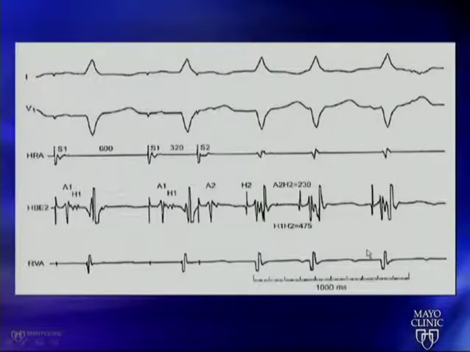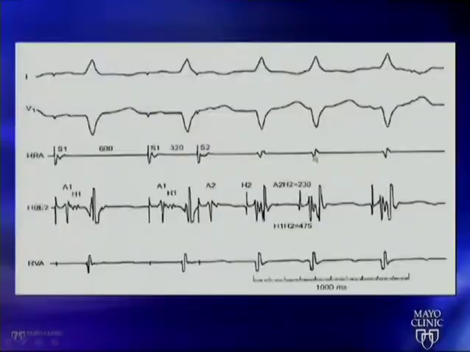This is typical of AV node reentry. The AV node, like all of us, does tend to decrement or take longer when it's stressed, but it does it abruptly because there are two different connections to the AV node. All of a sudden, it takes a long period of time, and that allows setting up the circuit of AV node reentry.